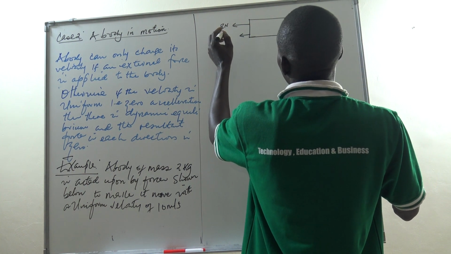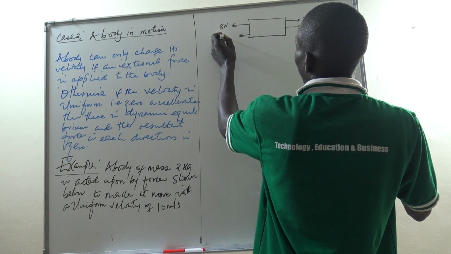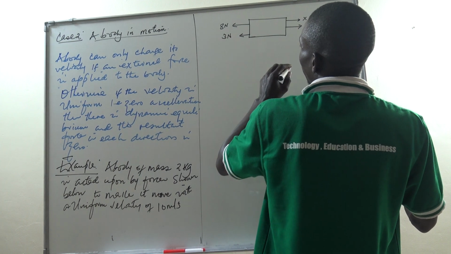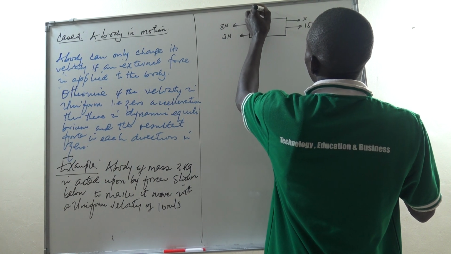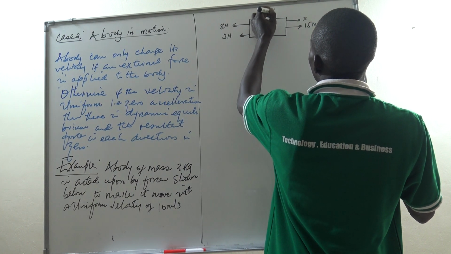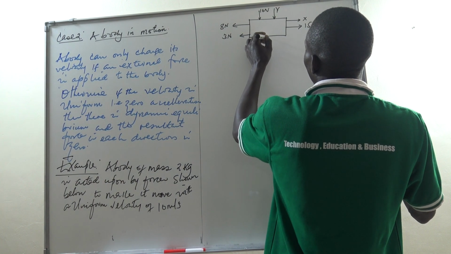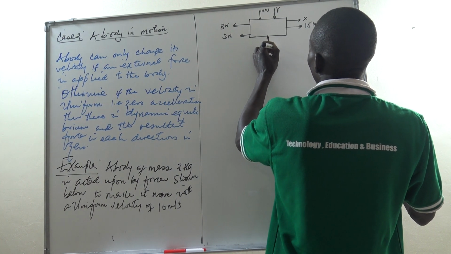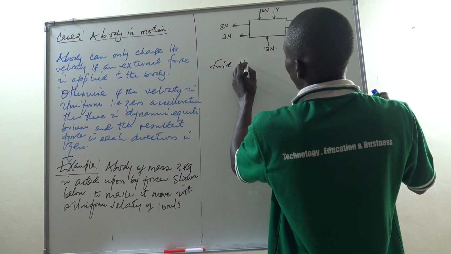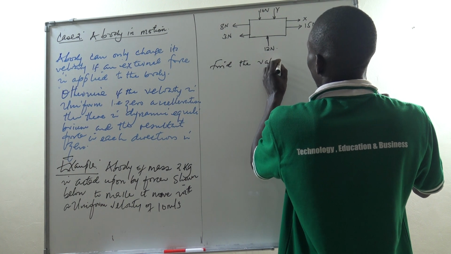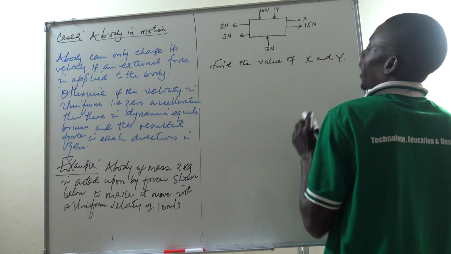And then I have here 3 newtons. And then they are telling me here there is 10. And then here there is y. And then here there is 12 newtons. And then I'm saying find the value of x and y.